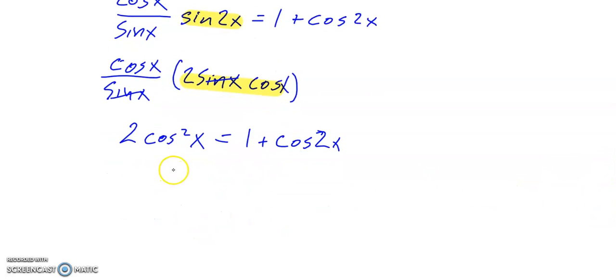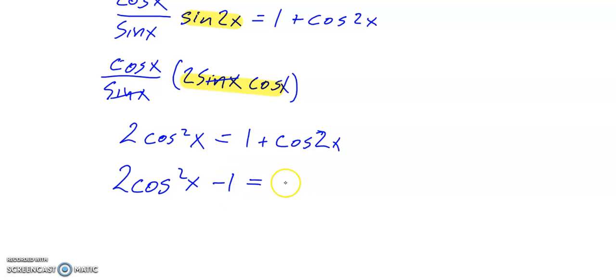Boom, boom, boom. So we've got 2 cosine squared x equals 1 plus cosine 2x. I don't really want to work with both sides, so I do want to bring the 1 over. 2 times cosine squared x, I am going to subtract the 1.